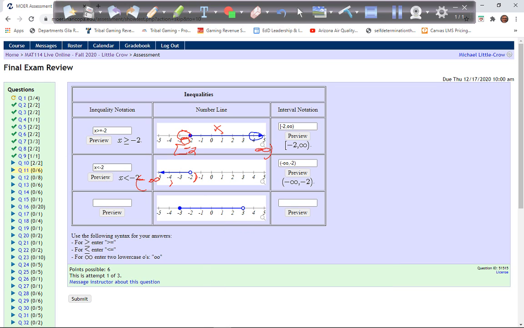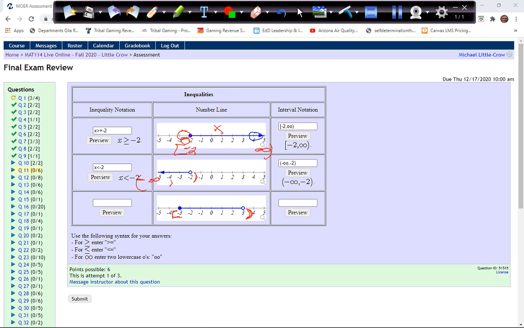There we go. And this final one, we're going between 2 ends, so we have a stopping point. And again, this solid dot is included, so we put a bracket at this end, a square bracket. This +3 is not included, so we put a parentheses. Okay, that's going to give us the interval notation.